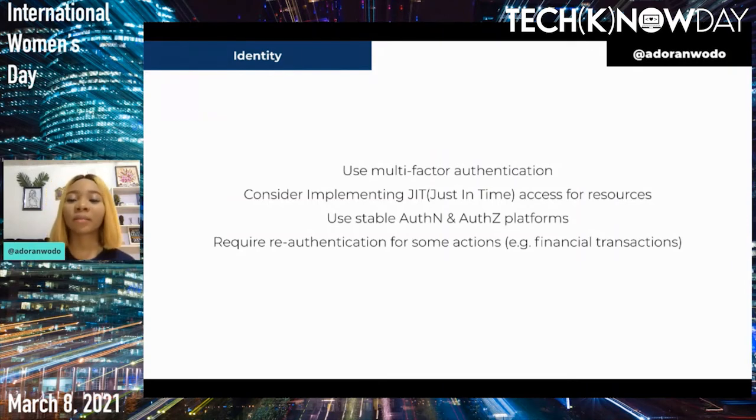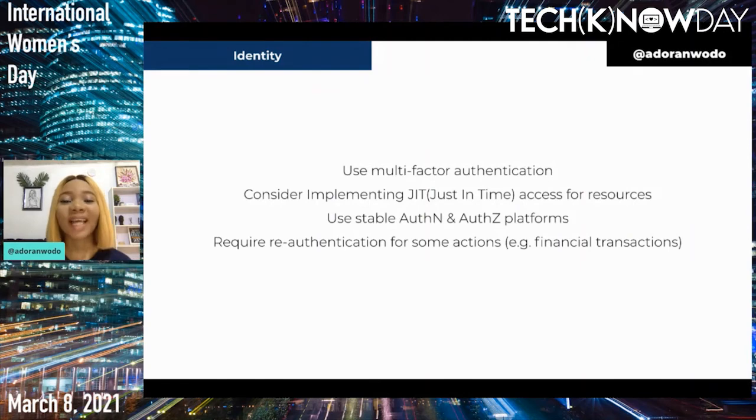Something else is, as developers in your engineering teams, implementing JIT access for resources. And going back to the initial video that we watched at the beginning of this talk, if there was JIT access to these particular resources, we would have been able to prevent some things.